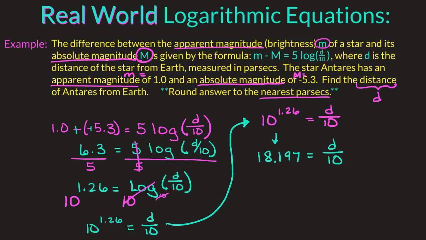Here we can multiply both sides by the denominator, and that will give us d by itself. So d equals 10 times 18.197, which would give us 181.97. Our directions say to round to the nearest parsec. We're going to say that distance is approximately 182 parsecs from Earth.